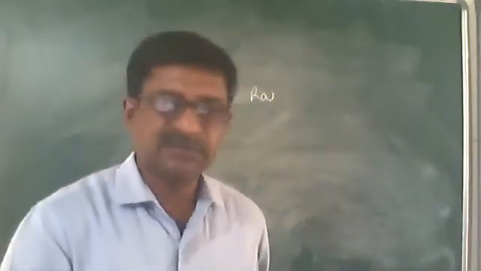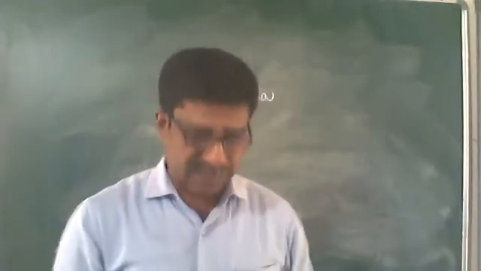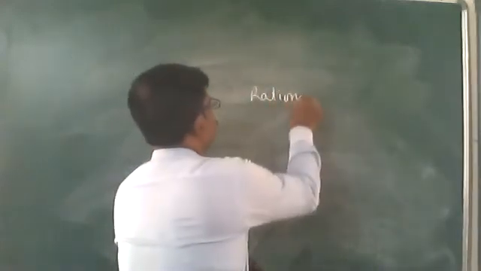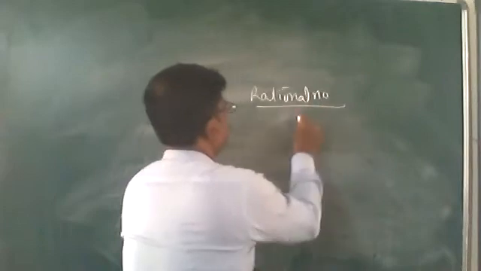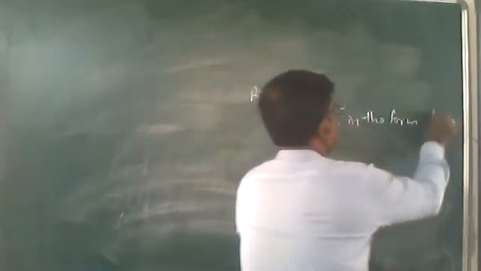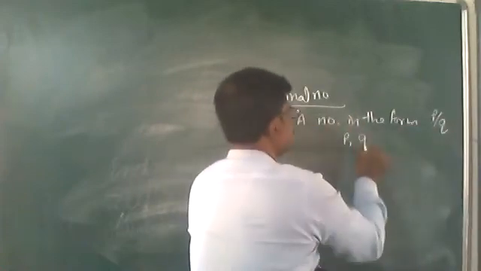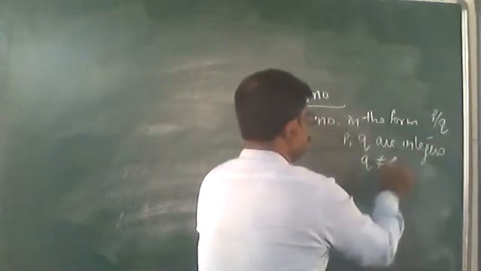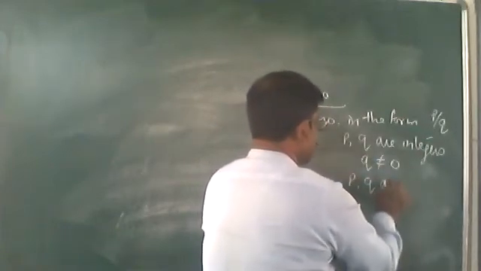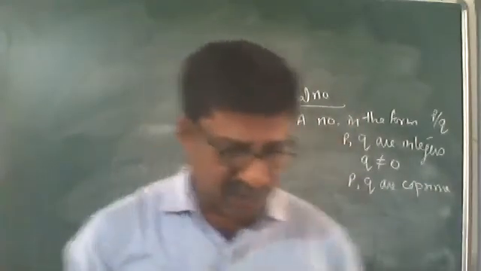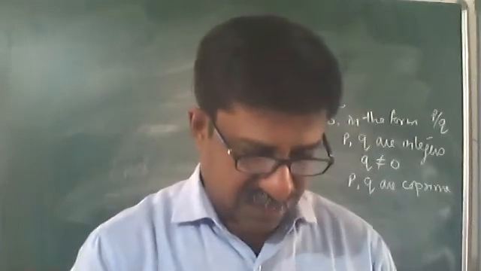We are using the definition of rational number as a number in the form of p upon q, where p and q are integers, q is not equal to 0, and p and q are co-prime. This is the definition of rational numbers we have learnt.